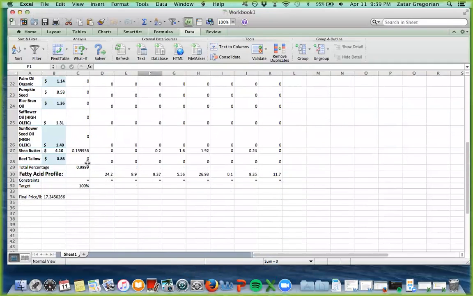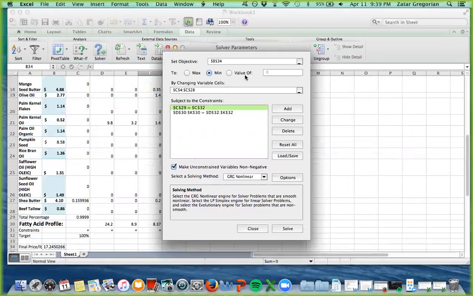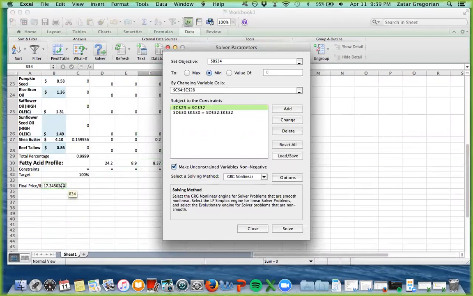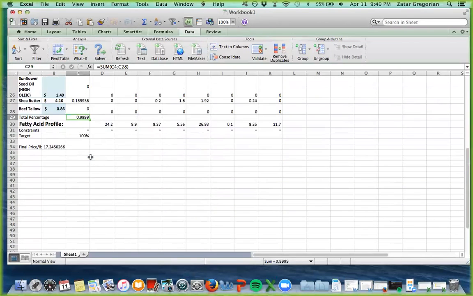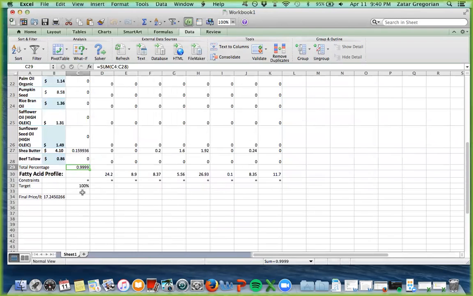So I looked at what you had done. Here's my solver. My set objective is here, which is the sum product. Here, I'll show you, that's the sum product function. These are all sums. This is just 100, and that had been 100, and then I ran solver and it got weird, so I'll talk to you about that in a sec.